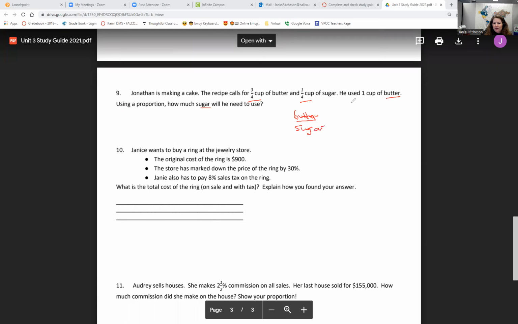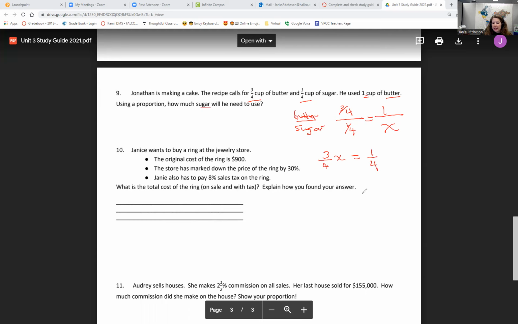All right, so 3/4 cups of butter over 1 cup, 1/4 a cup of sugar. So butter over sugar. He used 1 cup of butter. We want to know how much sugar, right? So we're going to cross multiply. 3/4 times x is 3/4 x equals 1/4 times 1 is 1/4.